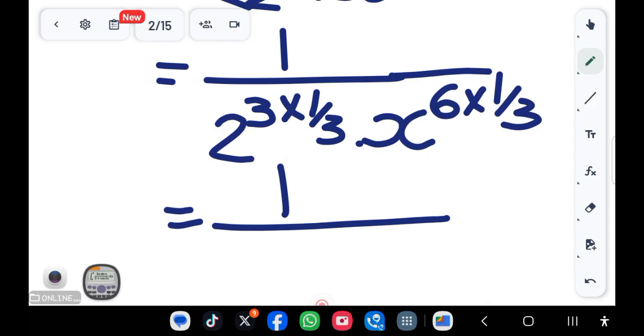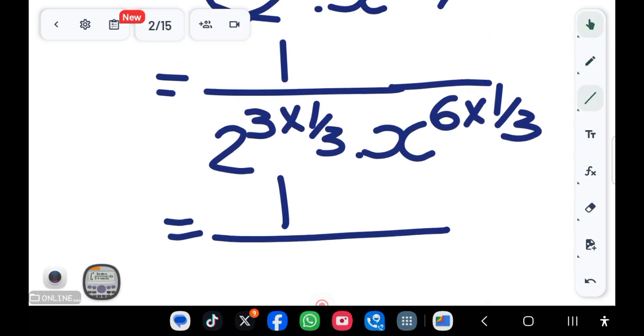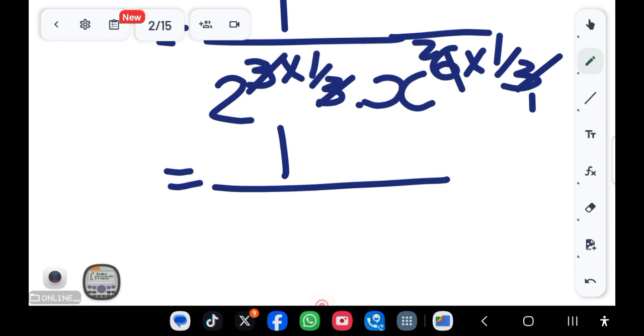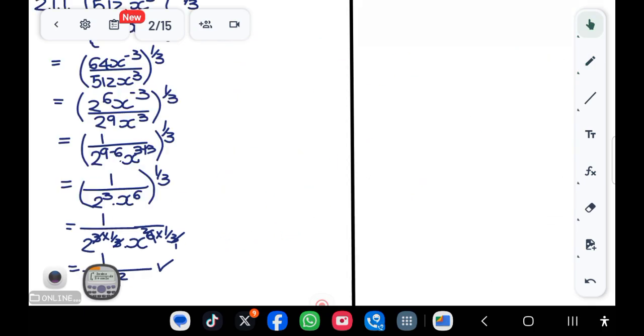So now the 3's cancel out over here, and over here we get 2 and 1, so that leaves us with 1 over 2x squared, and that's our answer. Next question.